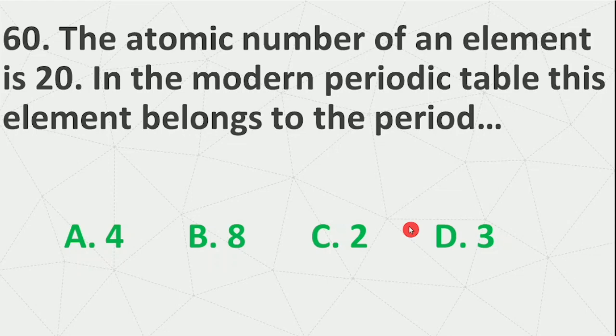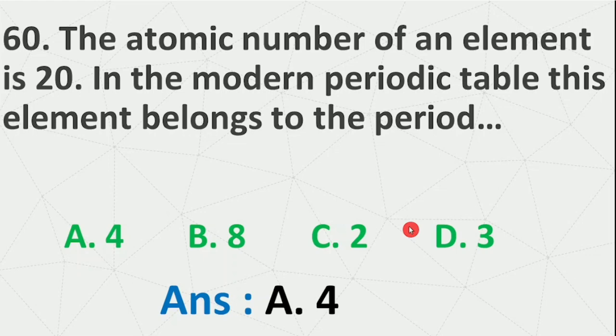Here the last is 4s2. The coefficient is considered as the period and the power as the group. So it belongs to second group, fourth period. Here they have asked the period, so option A, 4, is the correct answer.